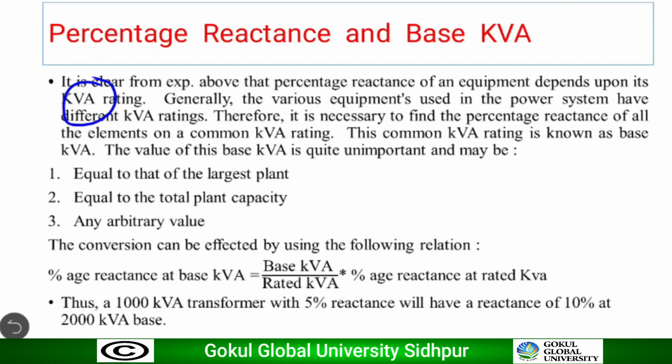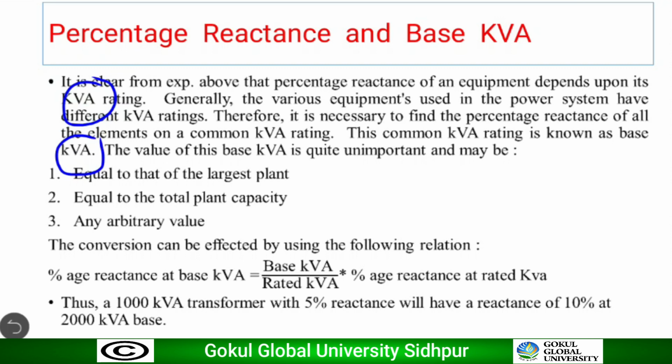So we take one base kVA rating for calculating the percentage reactance. This common kVA rating is known as the base kVA.